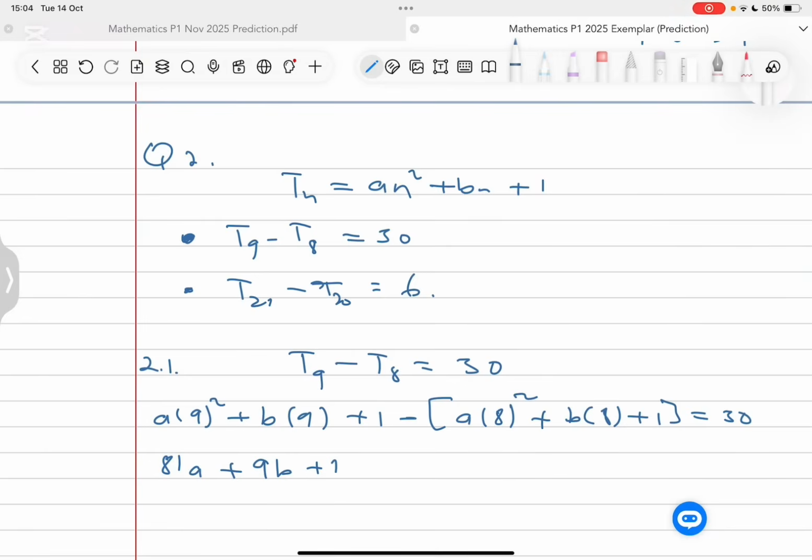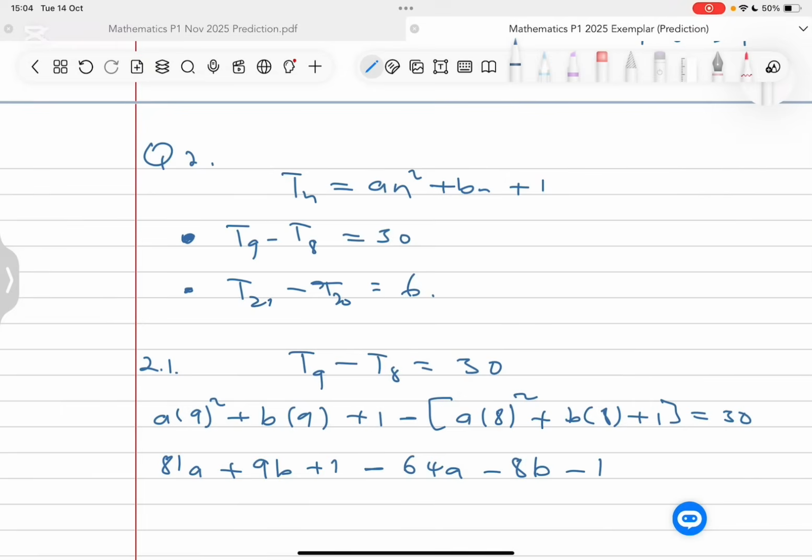And we know that 8 squared is 64. So I'm going to have 64a. But remember, I'm multiplying this by the negative. So this will give me a negative 64a. And I'm going to have here 8b. But again, the negative will multiply here so that I have a negative 8b.